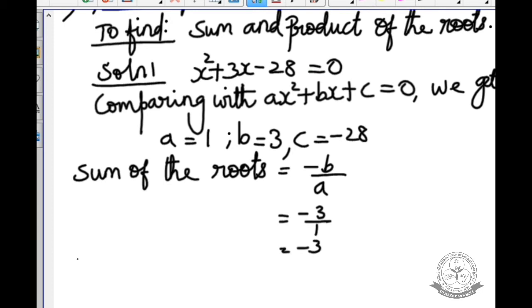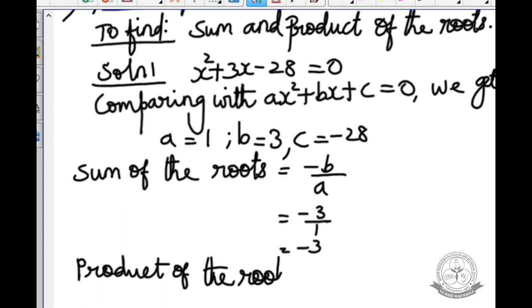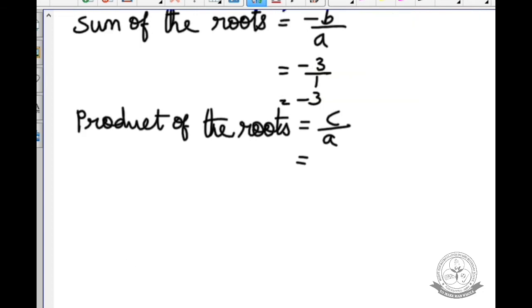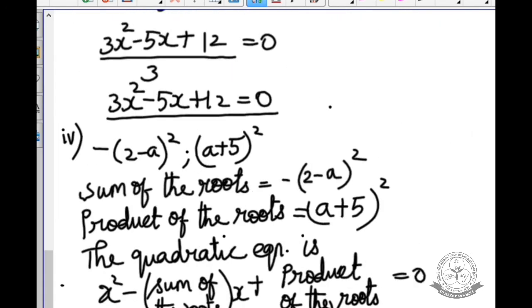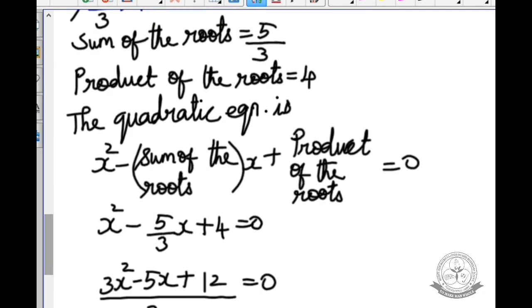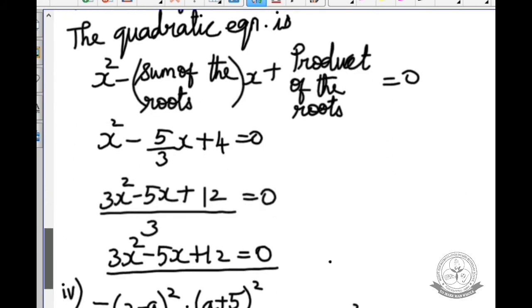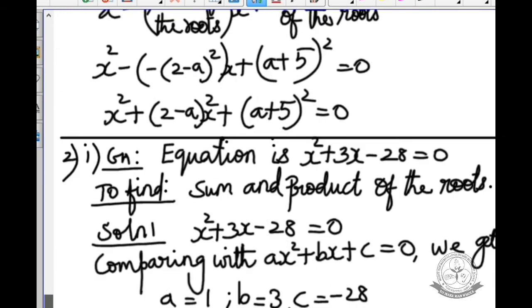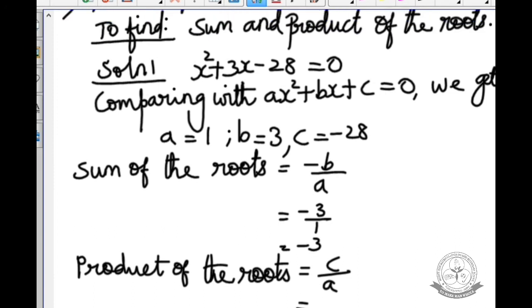Next, product of the roots. Product of the roots equal to c by a. The value for c is minus 28, so minus 28 divided by a, which is 1.